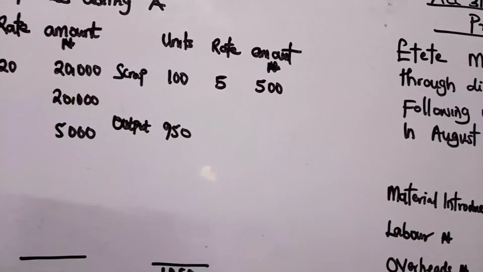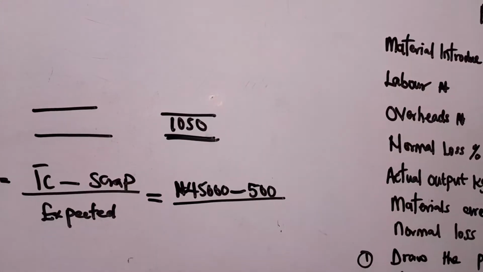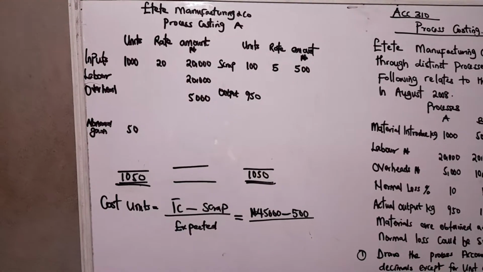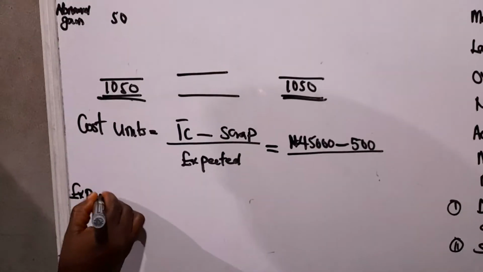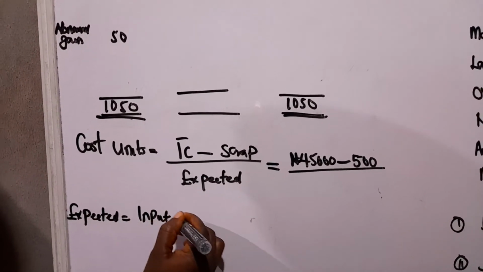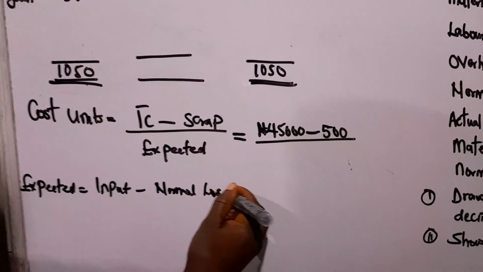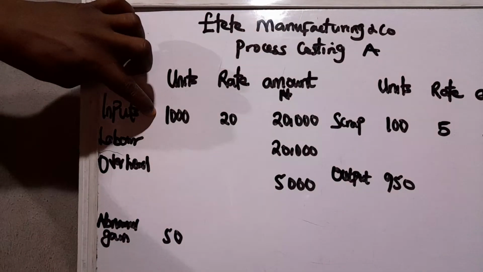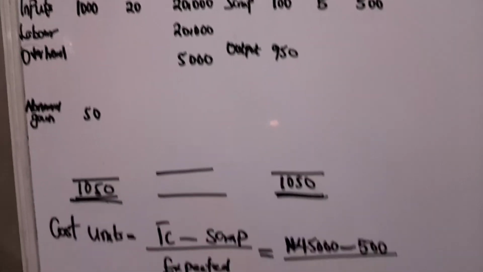Look at it, 500. Now what is my expected output? My expected output is the input minus the normal loss. My input here is 1000 units. My normal loss is 100 units. So that will give me 900.